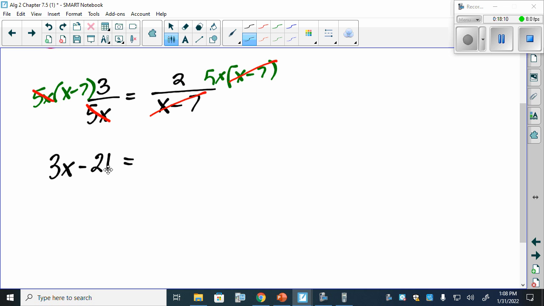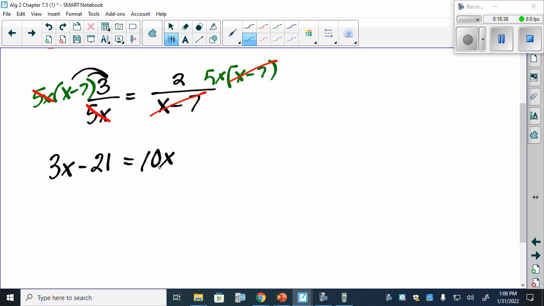So we could have written this as 3 times x minus 7 and then distributed the 3. Or if we feel comfortable enough, we could actually just go on and distribute the 3. We don't have to rewrite it. The other side is 2 times 5x, and 2 times 5x is 10x. Any questions on any of this here?